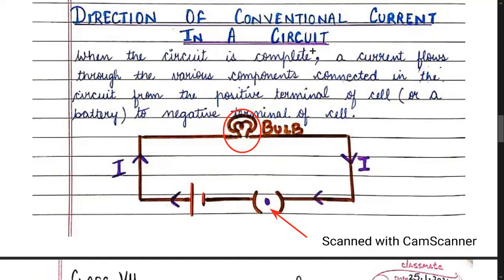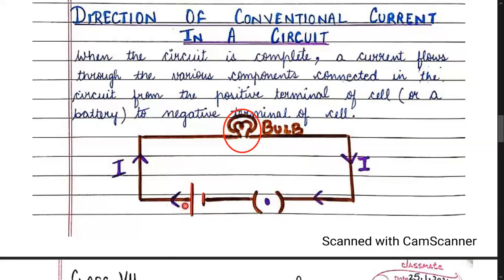Now students, the conventional current, the electric current in the circuit, in the conducting wires, flows from positive end of the cell or a battery to the negative terminal of the cell or the battery.